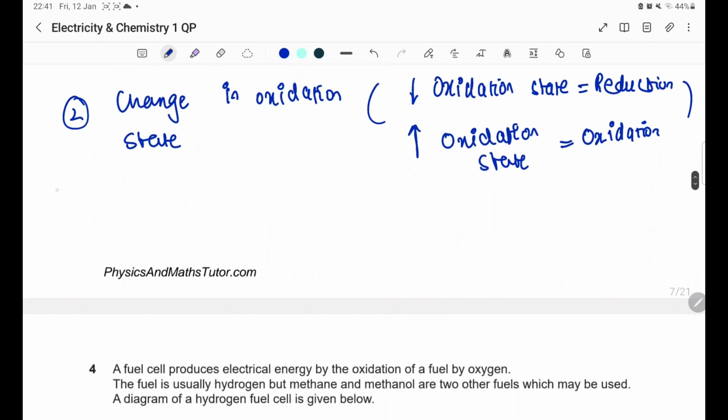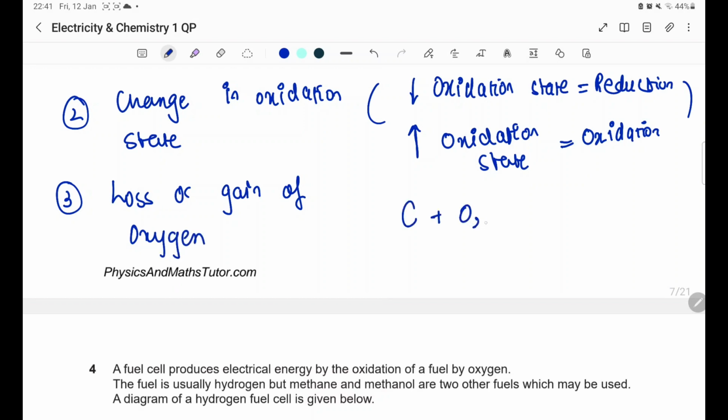Your third method of determining reduction or oxidation is the element oxygen. Basically, loss or gain of oxygen. For example, C plus O2 gives CO2, so carbon was oxidized because it gained oxygen.